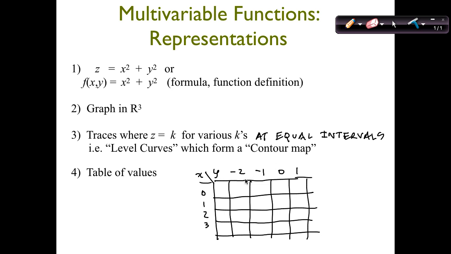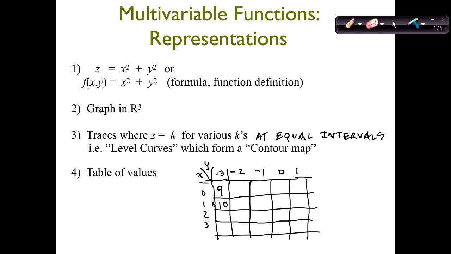So, say y is -3. So when y is -3 and x is 0, z is 9. Then 10. That's not y to the -3. These are y's. There we go. All right.